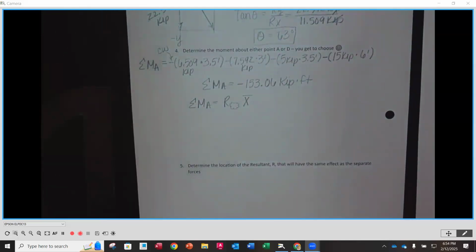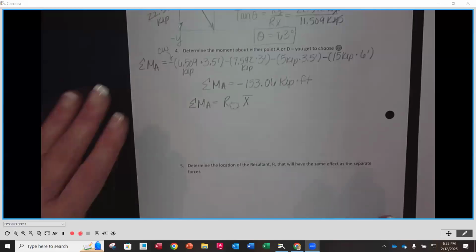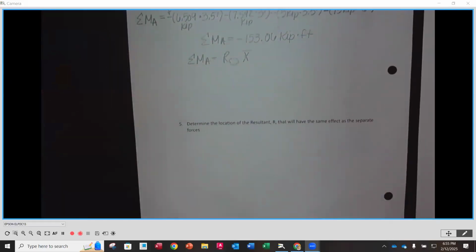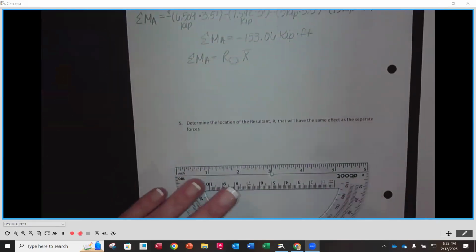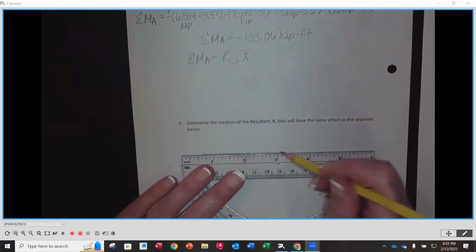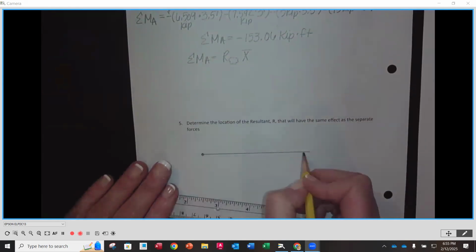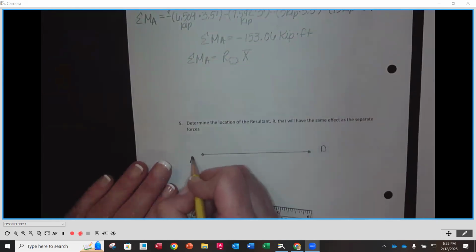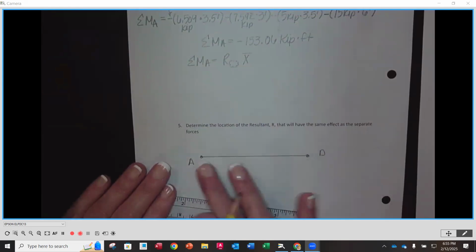Now, if you remember from last time, we did an X bar, right? We had an X bar and we multiplied it by the Y component. Let's see if that's going to work again. So I'm going to draw my line from A to D. So here's D, here's A, and this is that line between those two.